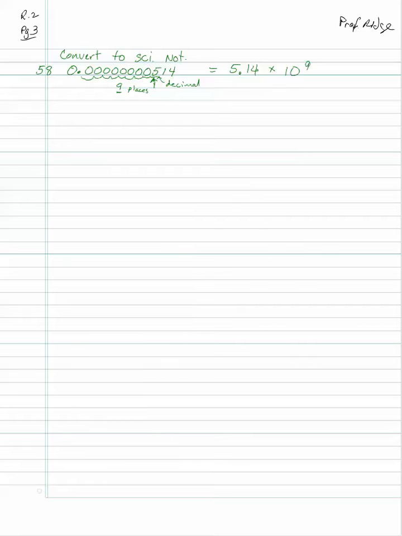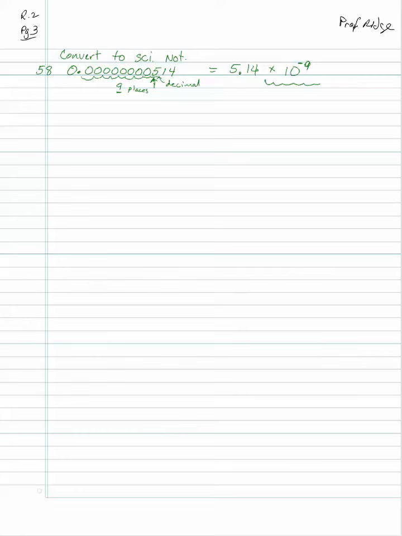Now you got to decide, is that going to be 10 to the positive 9 or negative 9? So you got to remember, this is what's actually moving the decimal point. If I multiply by 10 to the 9, that's going to make this a lot bigger, but we want it to be smaller, so it's going to be negative. Okay, negative 9. And I'm avoiding saying left or right because it depends on whether you're converting to scientific notation or going from scientific notation to decimal.